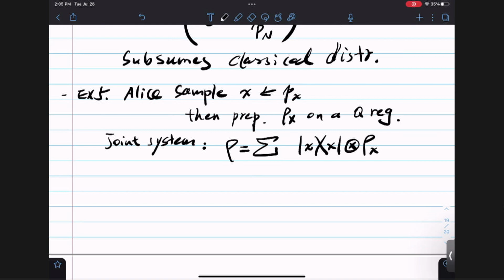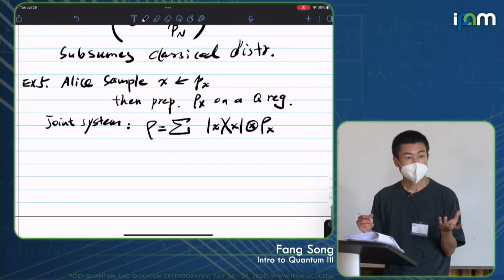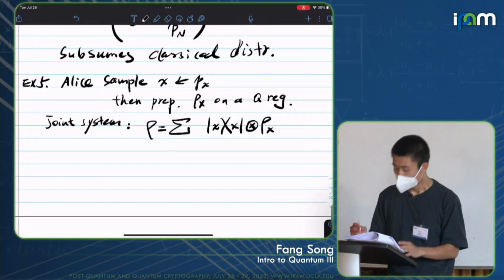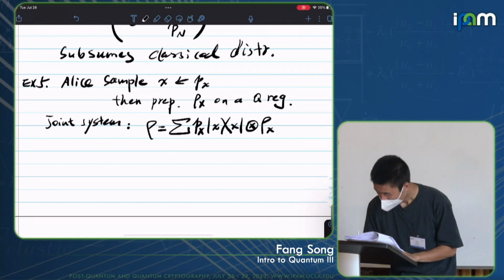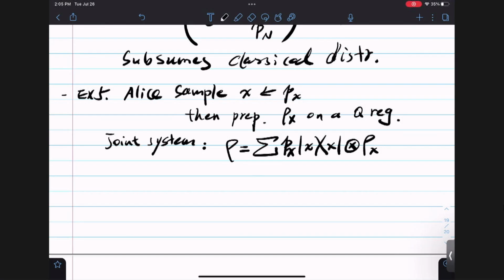But this is not done yet, because we sample x according to this probability distribution. We have to take this weighted average, so we have this scalar p_x in front of it. This is what people call the CQ state, classical-quantum state. This is a very compact way to write down a system where there is a classical part and a quantum part.